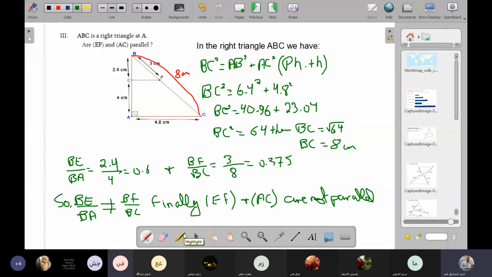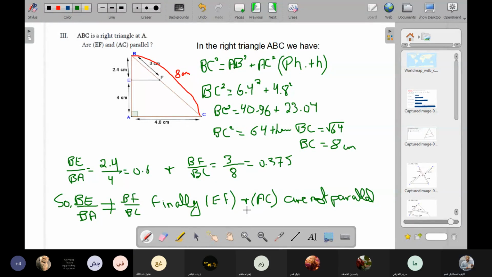The ratios are not equal. So BE over BA is equal to 0.6 and BF over BC is equal to 0.375. So the ratios are not equal and EF and AC are not parallel.